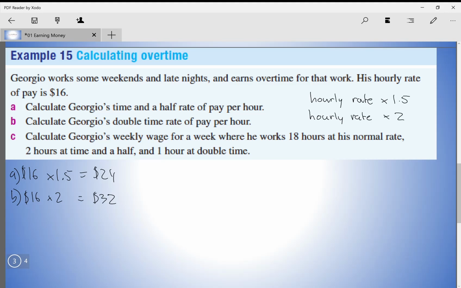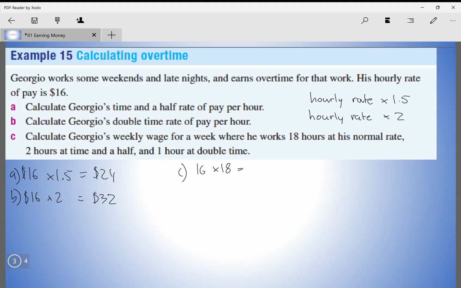So if we want to calculate how much he earns in a week, where he works 18 hours at his normal rate and 2 hours at time and a half and 1 hour at double time, we need to make 3 calculations. Normal hourly rate at 18 hours.